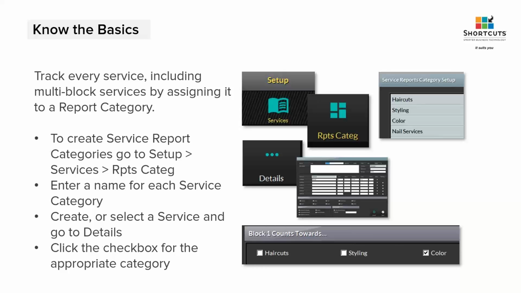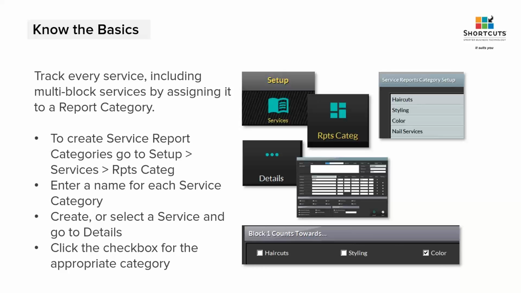So it doesn't necessarily matter if you're doing a man's haircut, a kid's haircut, or a woman's haircut. They all report to the haircut category. And if, of course, you're doing a beard trim or you're doing a complete shave, then all of those report into the beard category. So how do you go in there? How do you set that up? We'll actually look at that in just a moment.